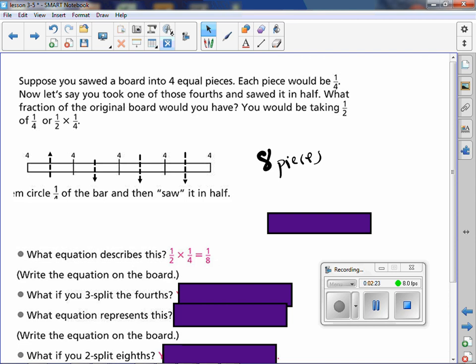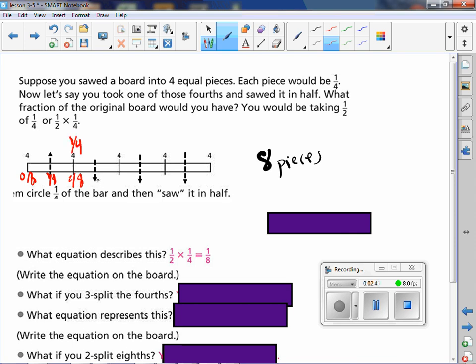So if I thought about it, I could label these out as 0/8, 1/8, 2/8, which is equivalent to 1/4, right?